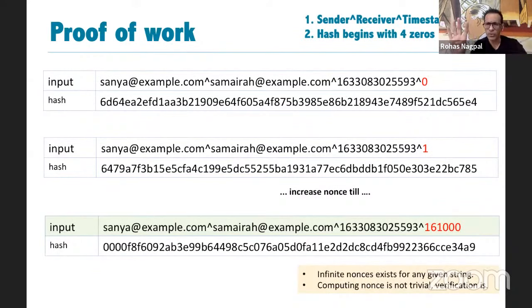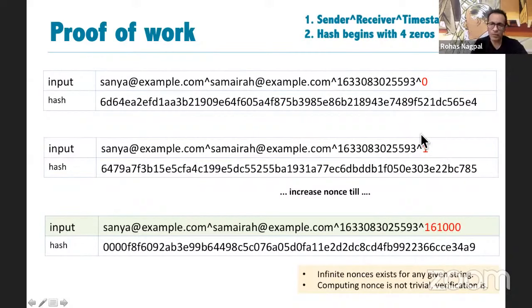Random, I'm just saying 4 zeros. So when I take this first example, the nonce is 0. When I put it together and run it through the hash function, the resulting hash is not beginning with 4 zeros. It is beginning with 6D64. So no, 0 is not the nonce for this string.